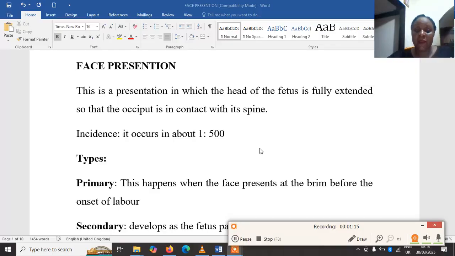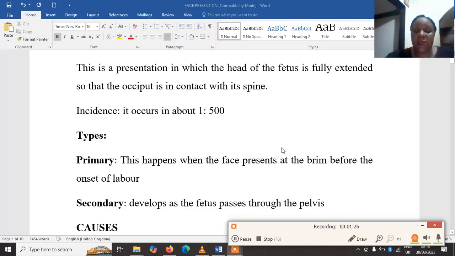This is when the face presents even before labor begins. And then we can have a secondary face presentation, when the face presents after labor has started. This may come in due to occipito-posterior positions, and sometimes even the brow, which is a partial deflection, can have a full extension, and then we get a face presentation.